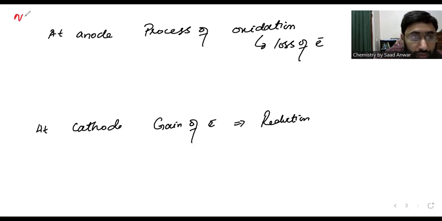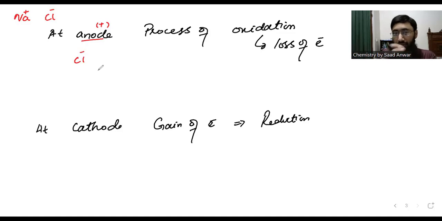So I have a positive ion, the sodium ion, and a negative ion, the chloride ion. The anode carries positive charge, so all my chloride ions will reach the anode. When the chloride ion reaches the anode, oxidation of that chloride ion takes place.